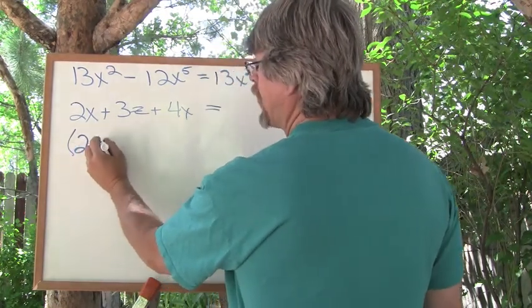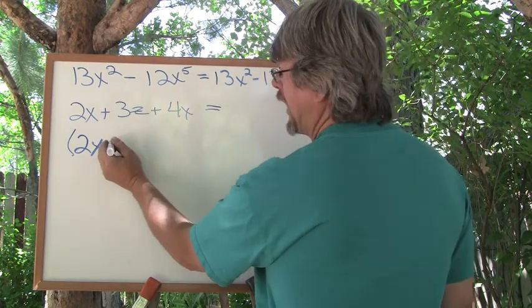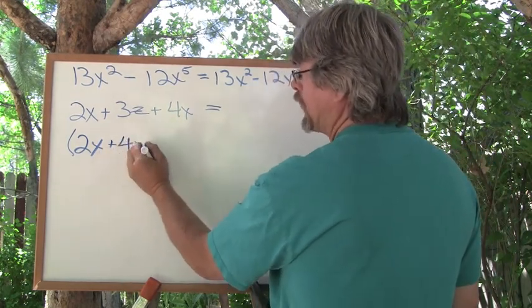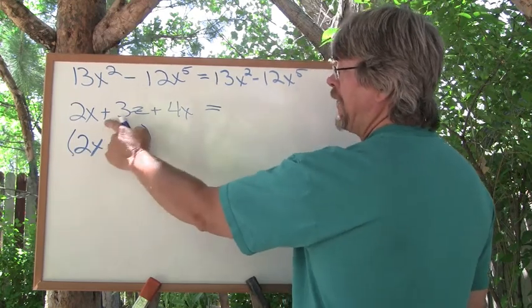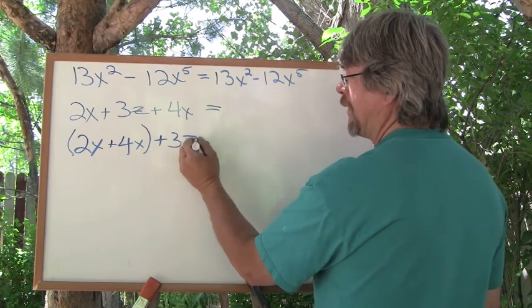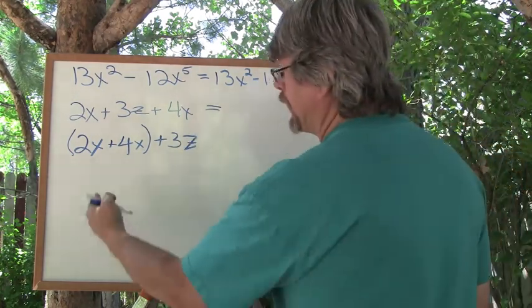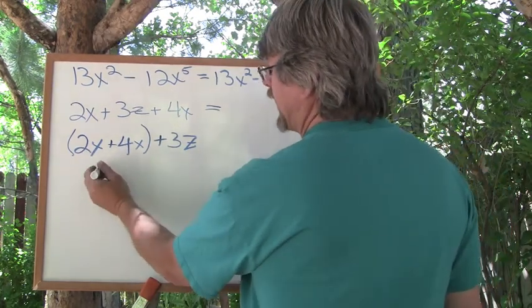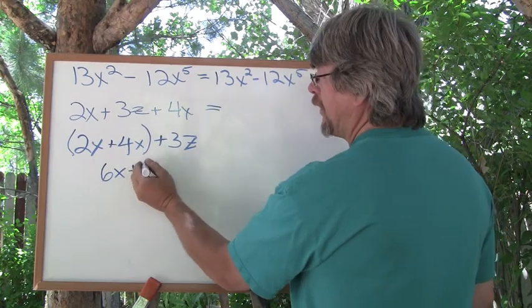We have a common term, a like term with 2x and 4x. So put the like terms together in parenthesis, and then this plus 3z just comes along for the ride. Right? Now we can add the like terms. 2x and 4x is 6x. Very good. Plus 3z.